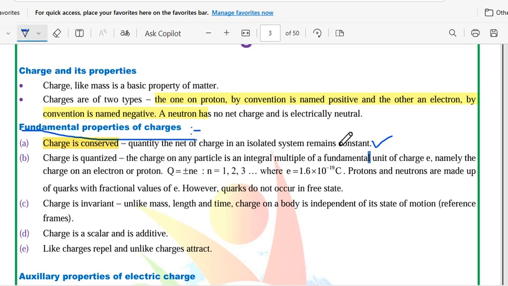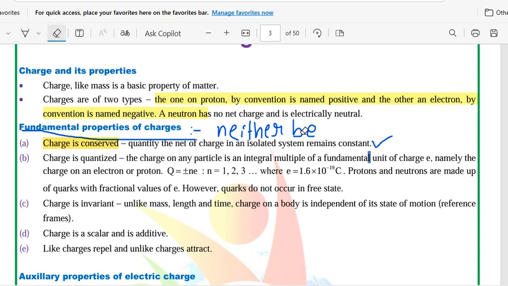The net charge in an isolated system remains constant, that is, charge can neither be created nor be destroyed. No gain, no loss.